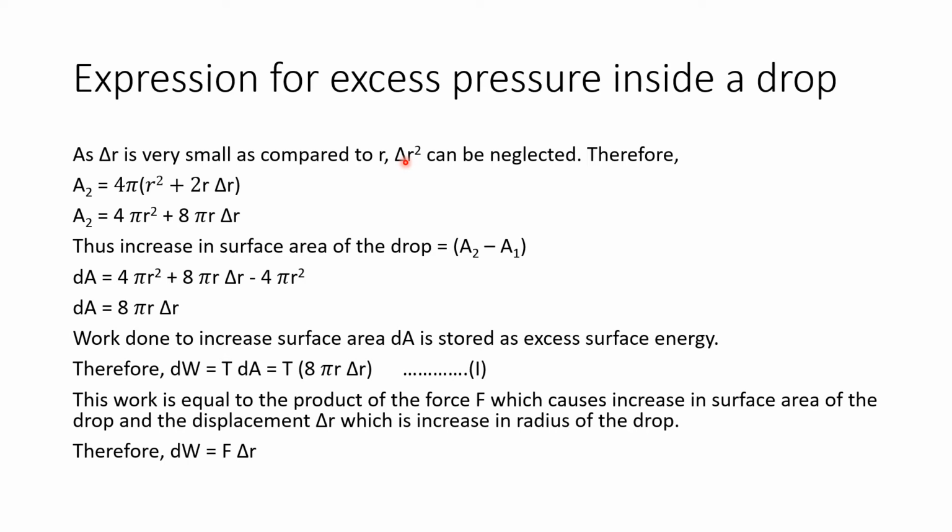Using this analogy, we will neglect delta R square as compared to R, and therefore A2 becomes simply 4 pi into R square plus 2R delta R. Therefore A2 will be 4 pi R square plus 8 pi R delta R. Therefore increase in the surface area of the drop will be A2 minus A1, that is 4 pi R square plus 8 pi R delta R minus 4 pi R square.